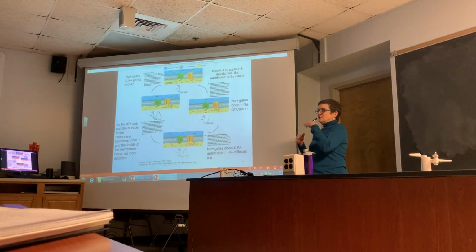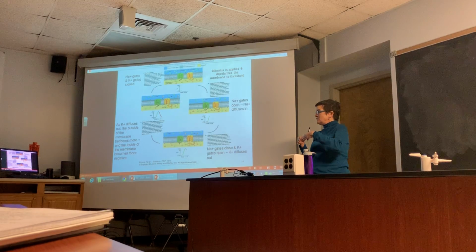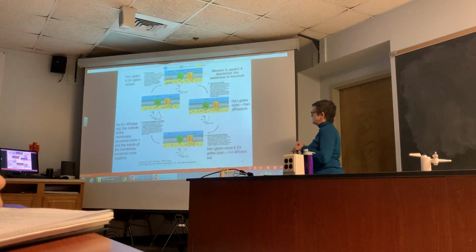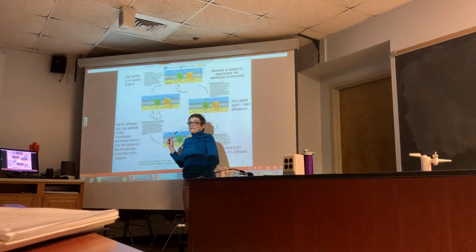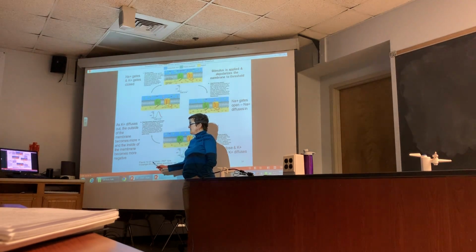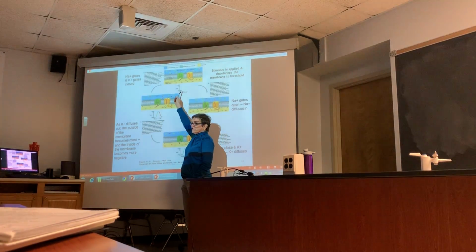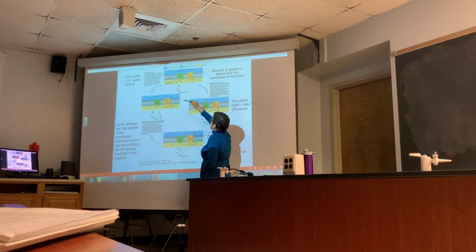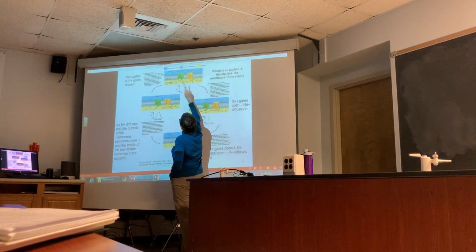So if it's at resting membrane potential or subthreshold, these gates remain closed. The gates we're talking about are located in the axon membrane, in the axon hillock or axon trigger zone, and all the way down the axons to the synaptic end bulbs. You have these voltage gated channels, and they are sodium gates and potassium gates.